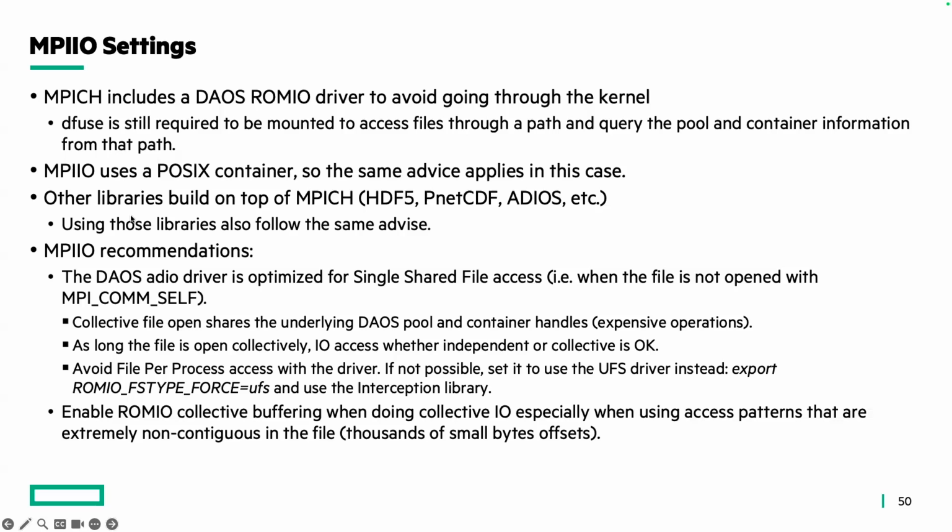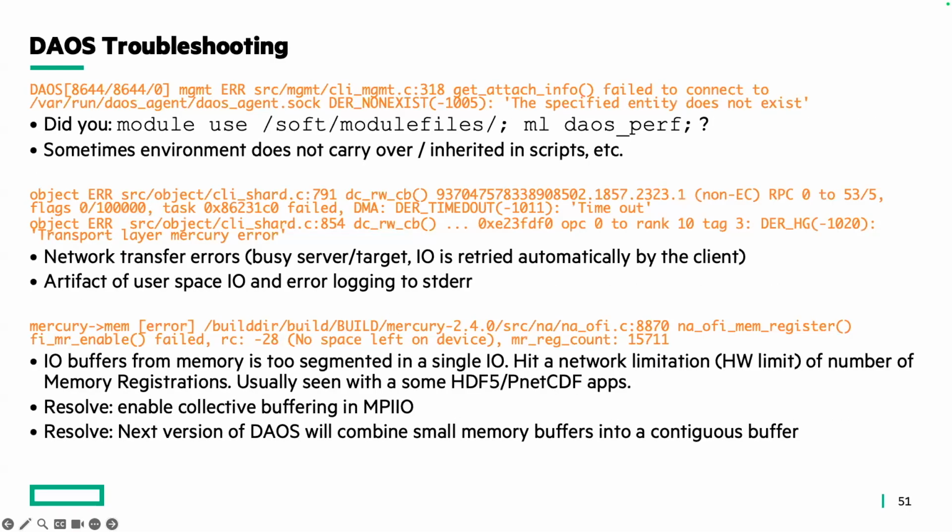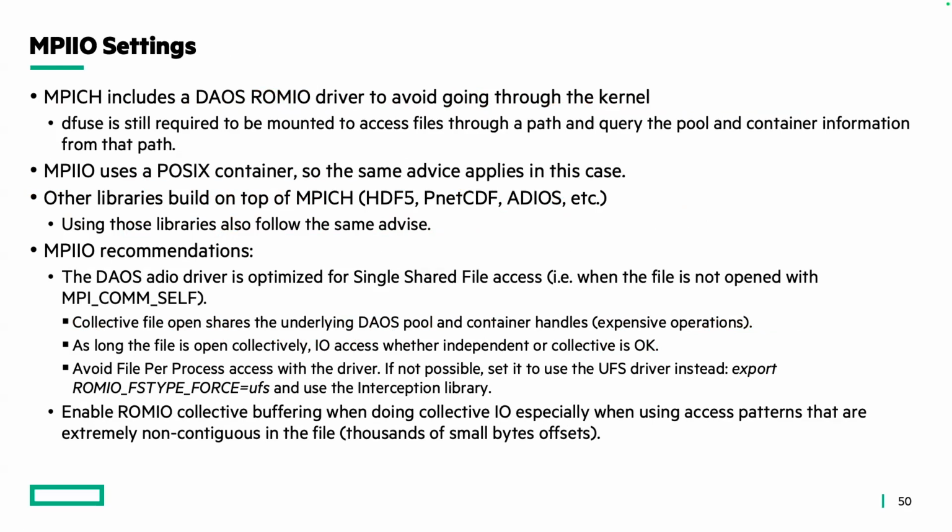That will get you around the independent file open from millions of files at the same time. Enable ROMIO collective buffering when doing collective IO. We talked about that. So let me pause here for a second before I go into some of the common troubleshooting issues.